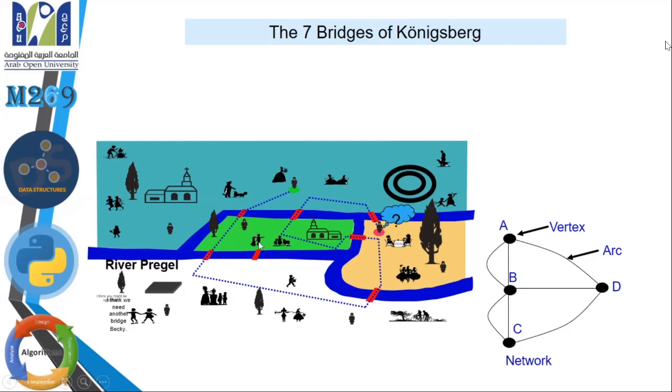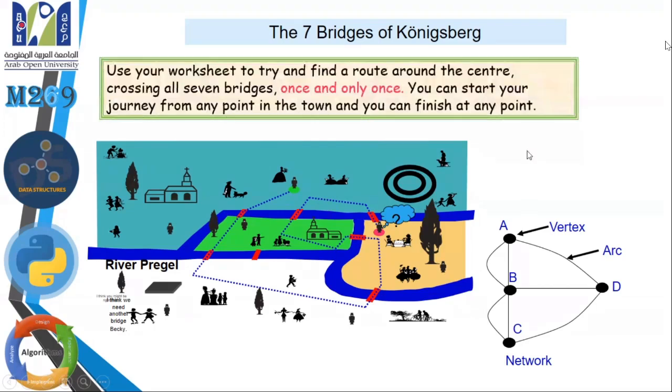So there is a problem. The only way is to come back again. That is twice, not acceptable. So that is the idea, or the background, of Euler's theories and graphs and so on.